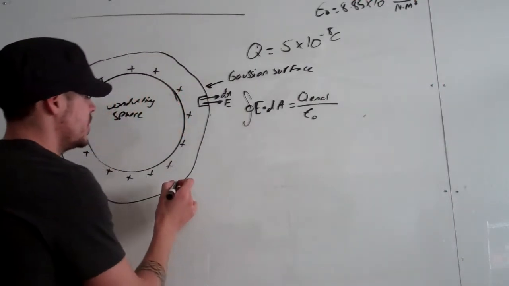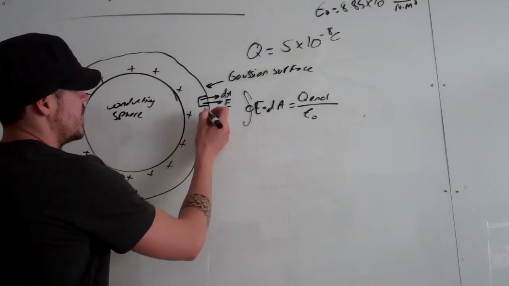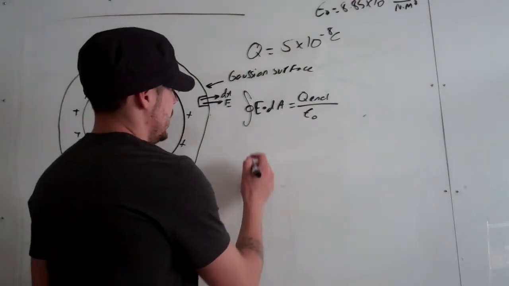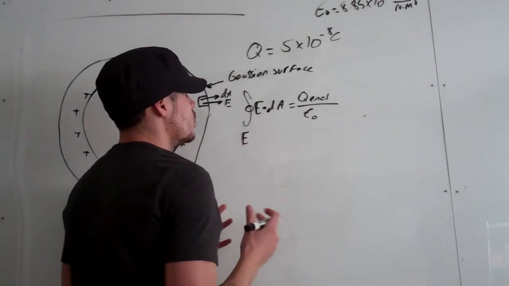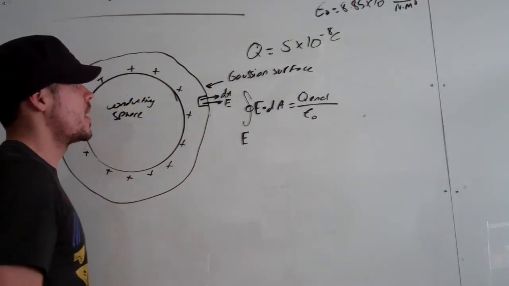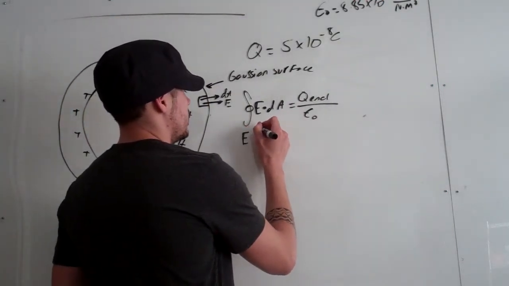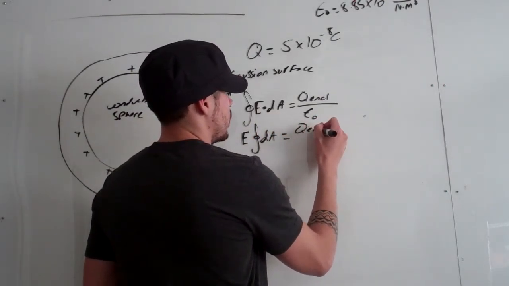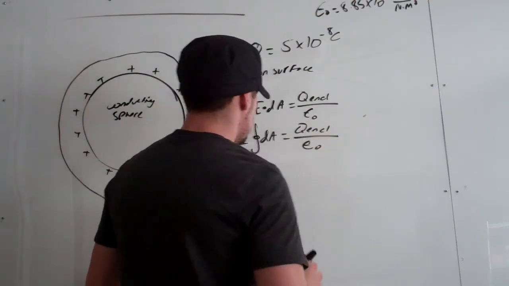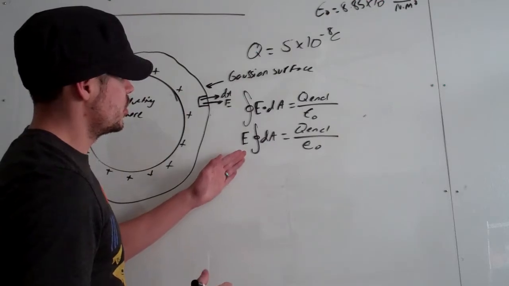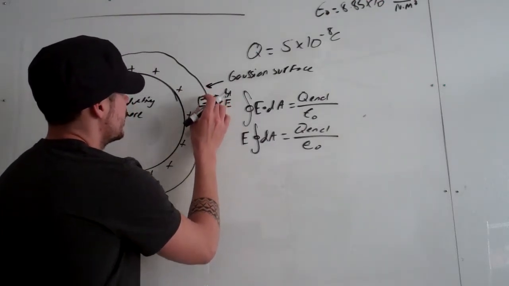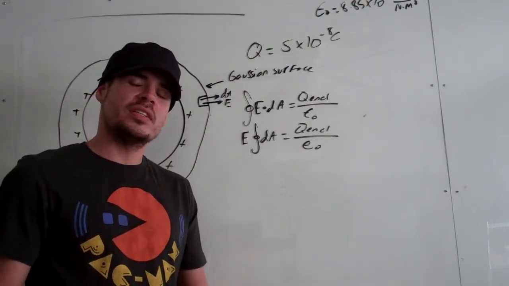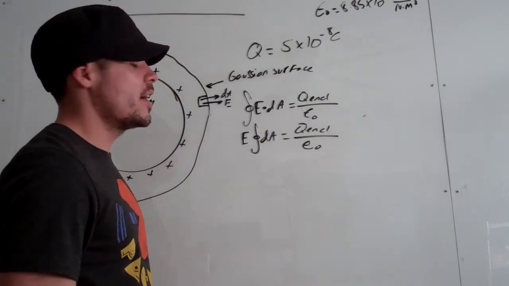There's no angle there, and that's the reason why we drew this Gaussian surface, so that we have our E, which is parallel with respect to dA, and so now we can write this as, we're going to pull the constant out. Your E field's not changing. We're going to take the closed integral of dA, and really what we're doing is we're taking the integral of this small little piece right here, and we're basically integrating a sphere, and so we need to know the area of a sphere.